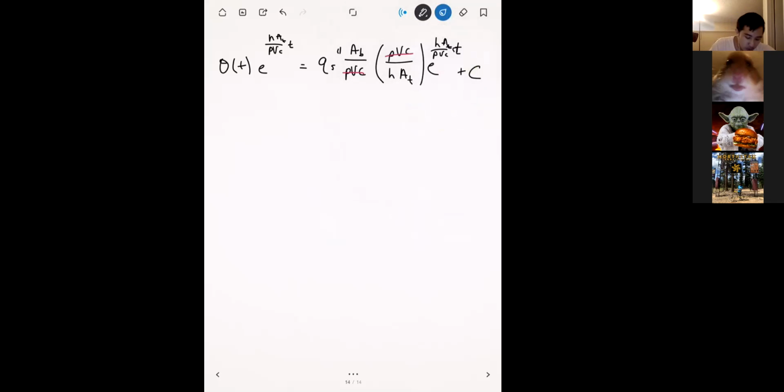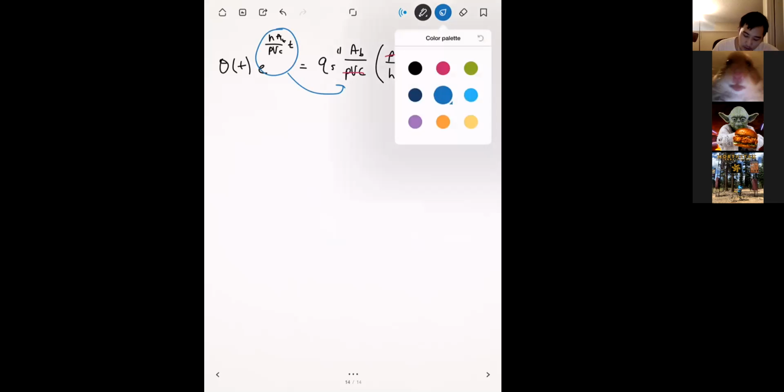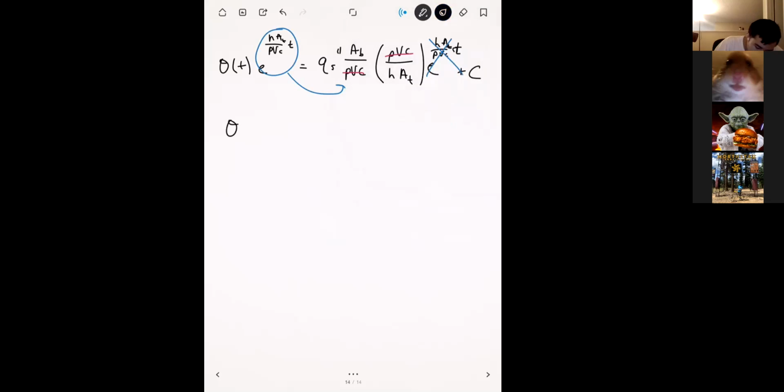We can also divide through, which cancels out this term and puts a term on that C. In the end, theta of t is equal to QS double prime AB all over hAT, plus C e to the minus hAT over rho VC t.